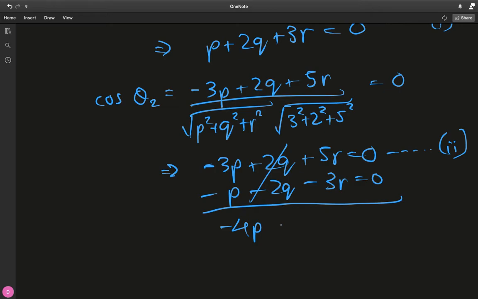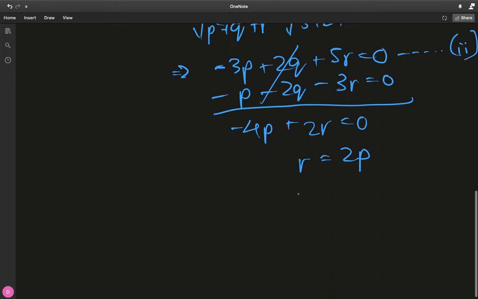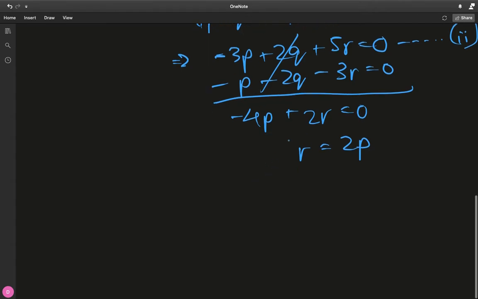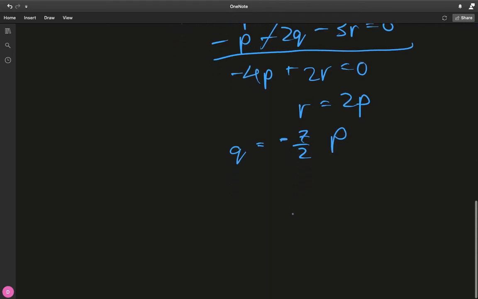Negative 4p plus 2r is equal to 0, so it means r is equal to 2p. Let's write q also in terms of p. You can substitute this into any equation, and you'll get q is equal to negative 7 over 2 p.